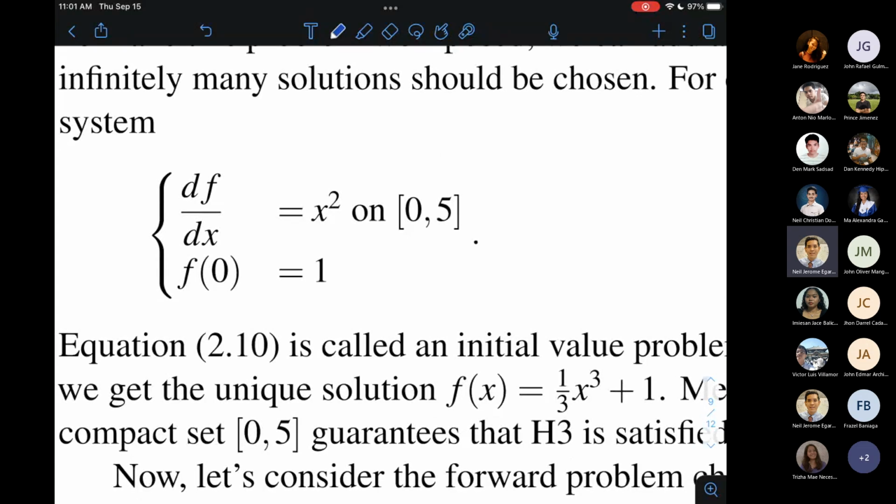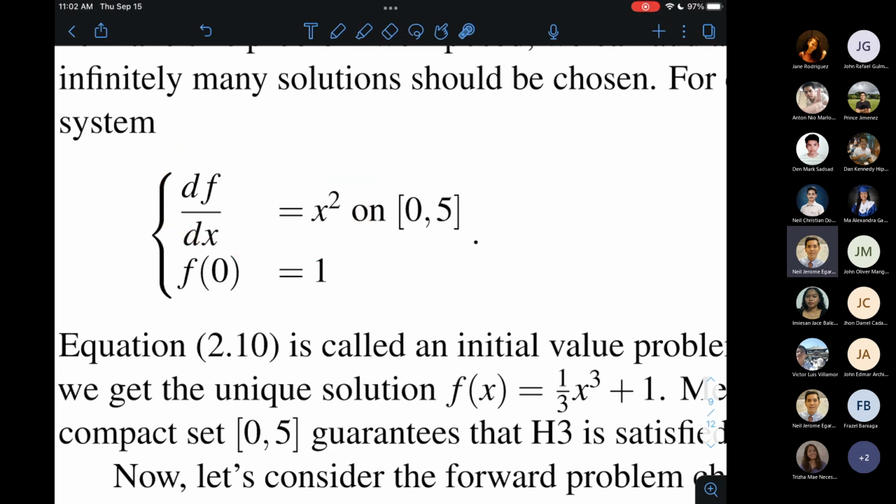Unfortunately, the derivative operator or the indefinite or the integral operator is not always continuously dependent on the data. So meron mga special conditions kung kailan nagiging stable o nagiging well posed ang isang differential equation.